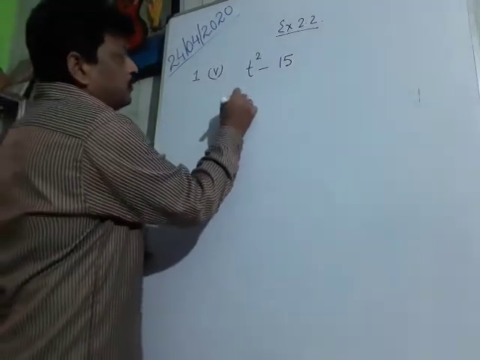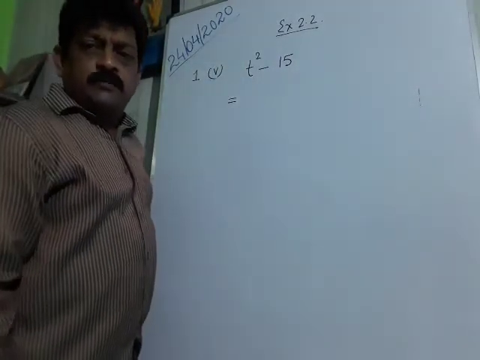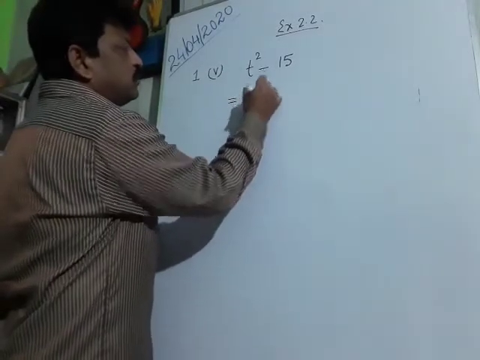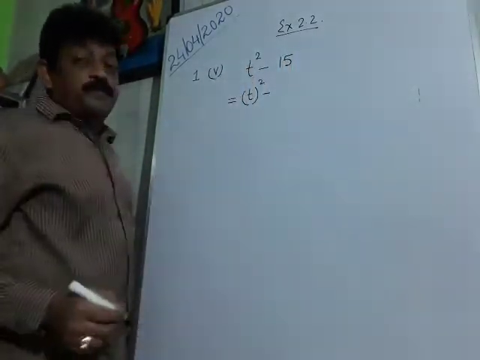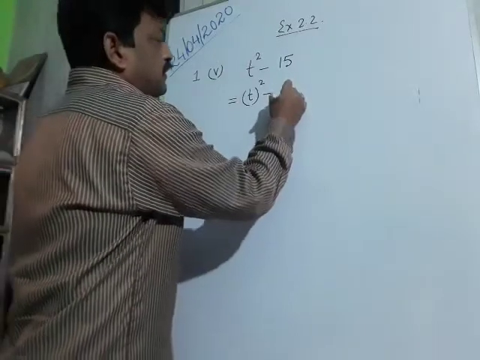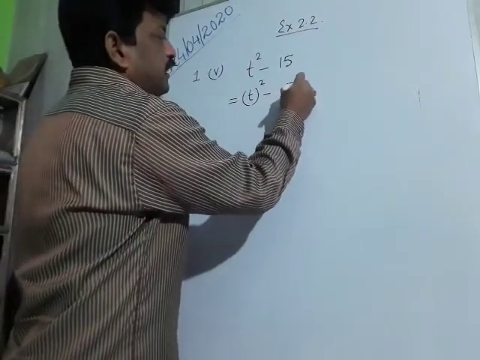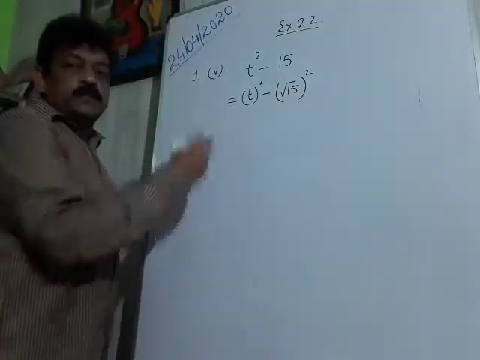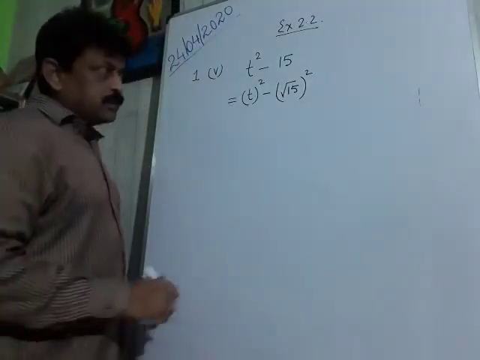So first of all, we have to factorize this and then find the zeros. t square can be written as t whole square and this 15 will be written as root over 15 whole square. So it is in the form of a square minus b square.